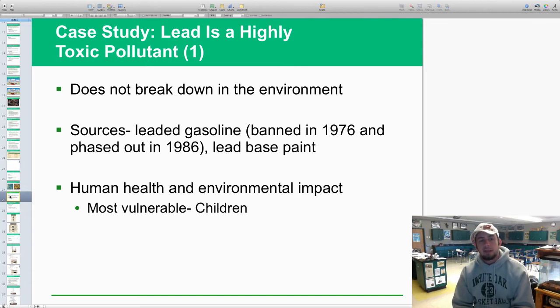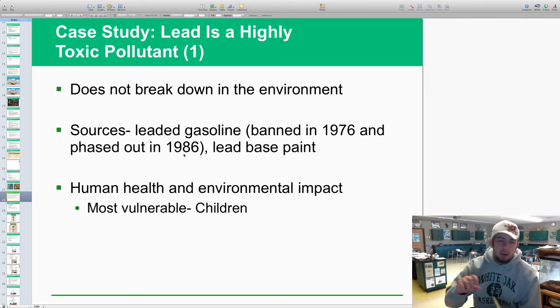And some of the most severe human health and environmental impacts are on children. Because a lot of times, before this time, we were using lead-based paint to paint our homes, and we were using lead-based paint on our action figures and toys that we would give to children. And the problem with this, where we saw the most impact on children, is because lead itself, when ingested or mixed with a couple of other things, actually tastes sweet.